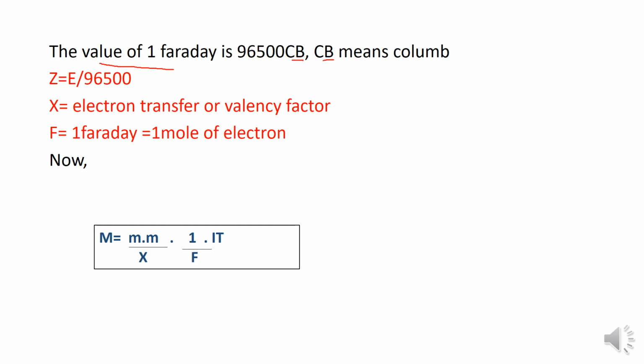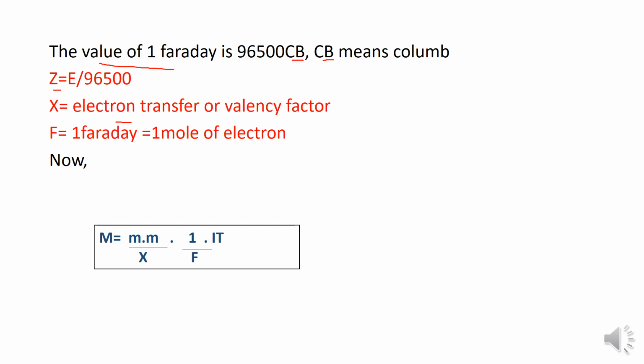Now the equation becomes Z is equal to E divided by 96500. X denotes the electron transfer, the valency factor of the element. F is equal to 1 Faraday, which means 1 mole of electrons.